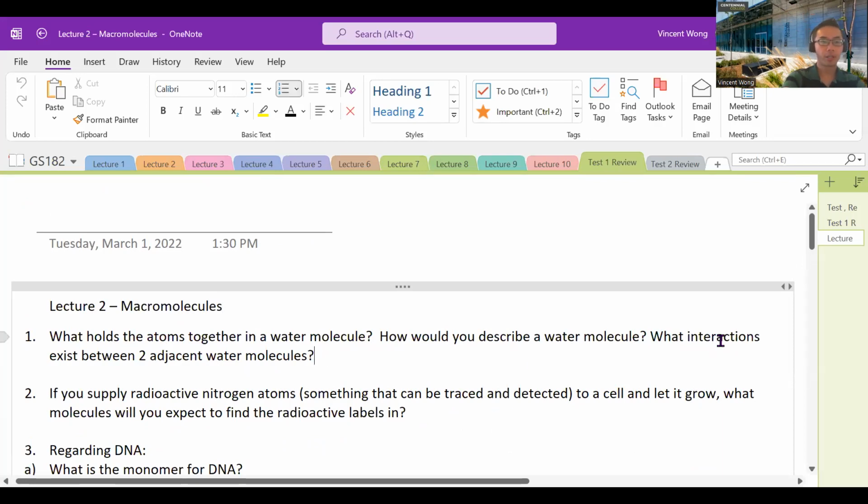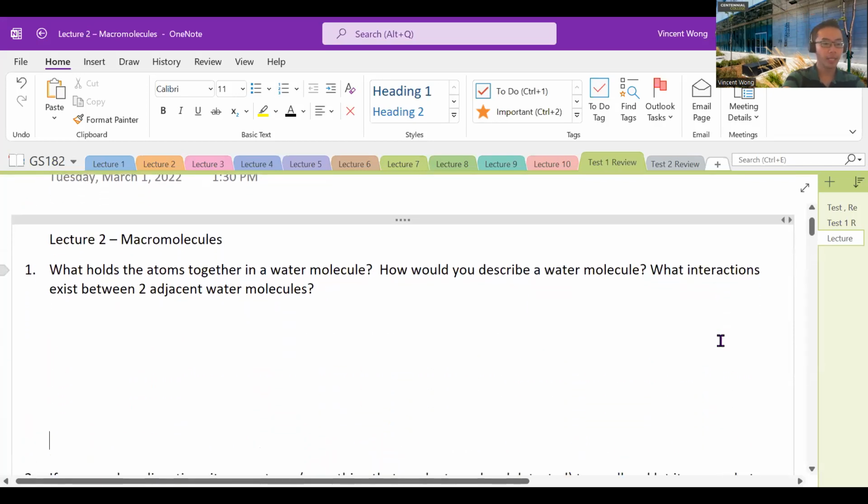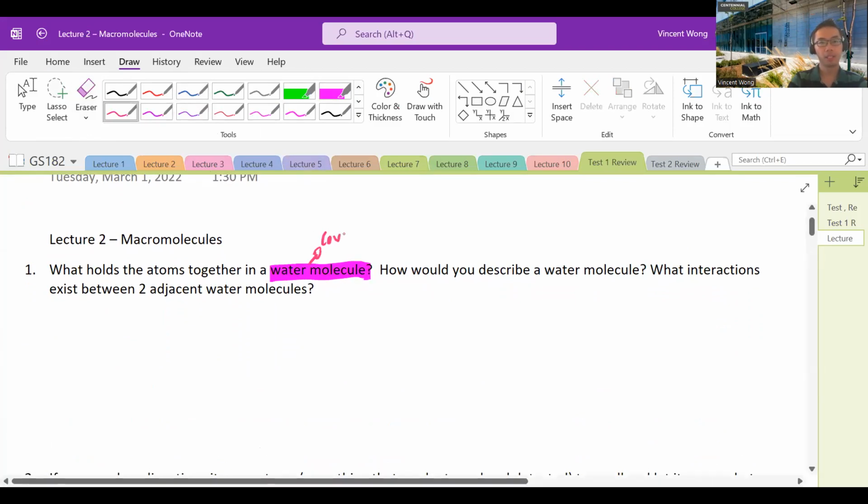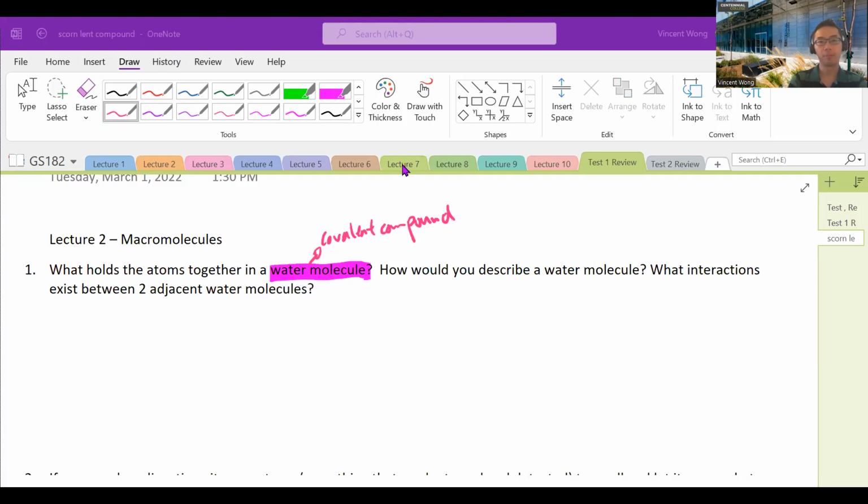Okay, so first question here: what holds the atom together in a water molecule? A water molecule is considered a covalent compound. So what's holding it together is the covalent bond, right? Just to refresh your memory, the difference between ionic bond and covalent bond is that the covalent bond involves sharing of electrons.